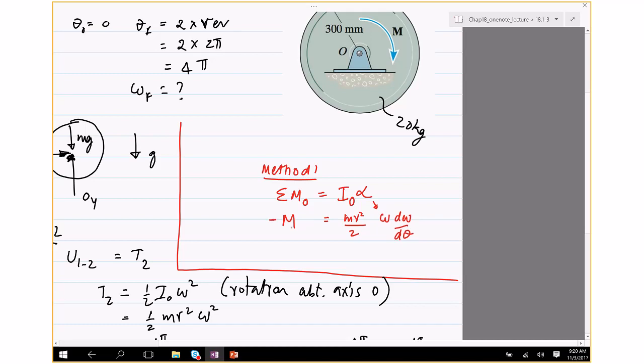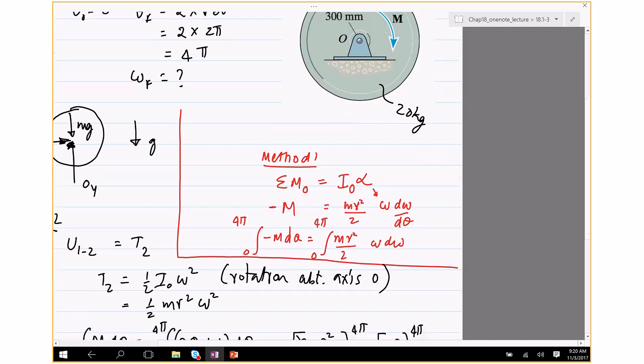The moment is M, right? About O. So yeah, if you integrate this equation, you should get this, and then you can integrate this from 0 to 4 pi.